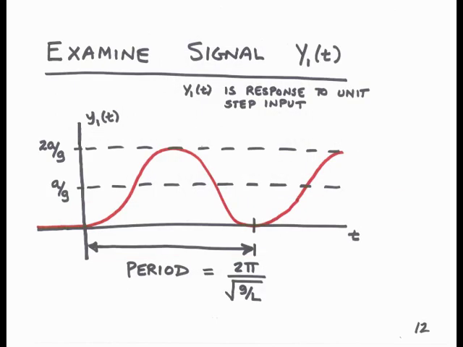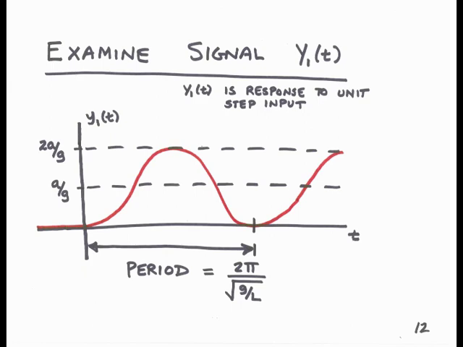Before going on to solve for y of t, let's examine the signal y1 of t. If you remember, y1 of t is the response to the unit step input. It's the first step in acceleration occurring at time 0 that causes y1 of t. So y1 of t has a period of 2 pi over the square root of g over L. Square root of g over L, of course, is the frequency.